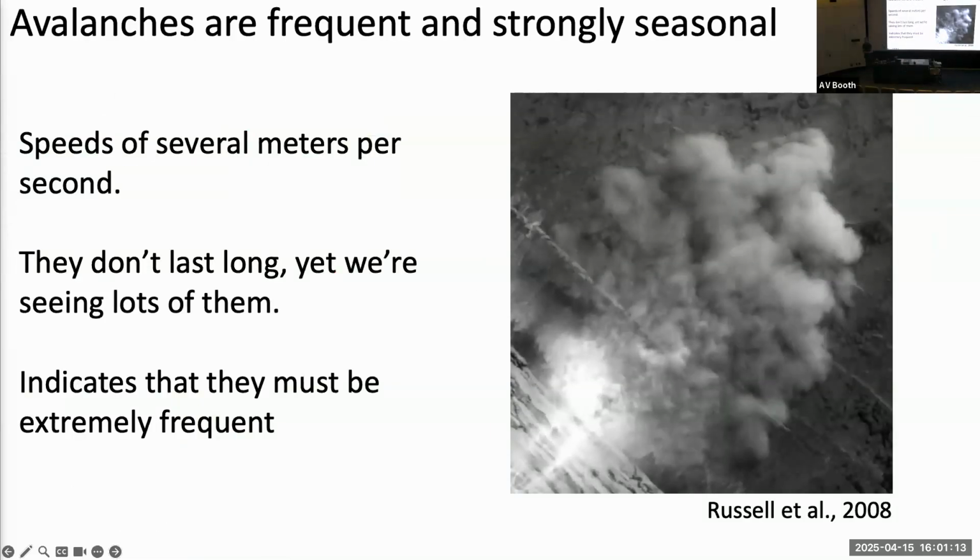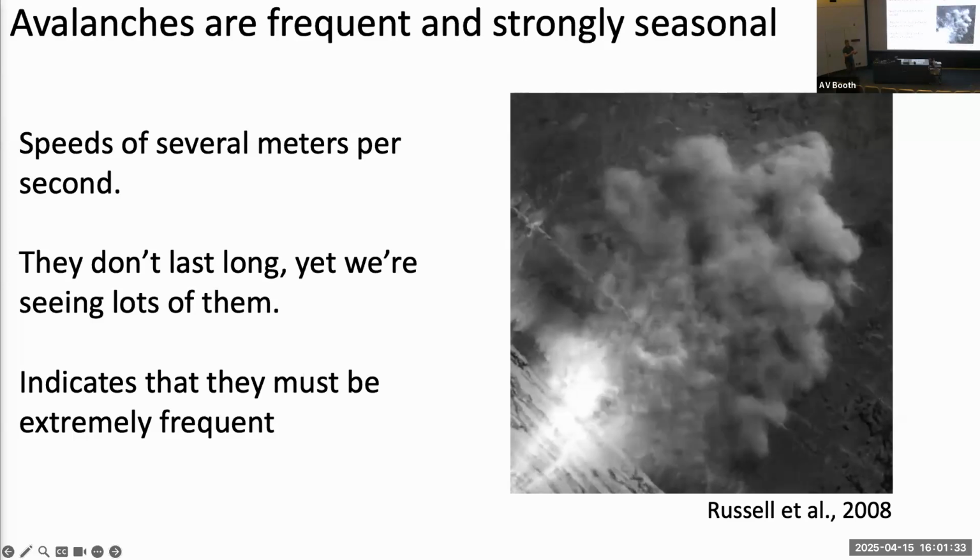One of the other neat things that we can do with HiRISE is take very, very short movies. But for things that move very fast, that's okay. And these avalanches, it turns out, move quite fast. HiRISE is a push broom camera with the different colors at slightly different places on the focal plane. So red images, blue images, infrared images, they're all basically at slightly different times.